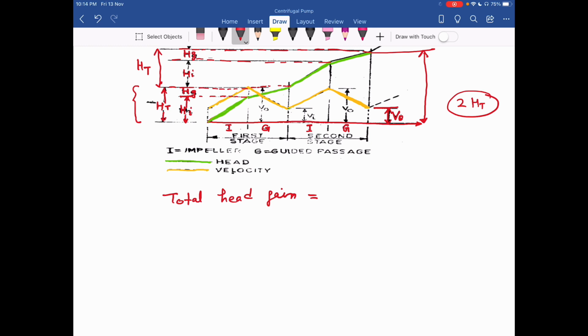Or you can say total head developed is equal to N times (Hi plus Hg). N is the number of stages, or the number of impellers.